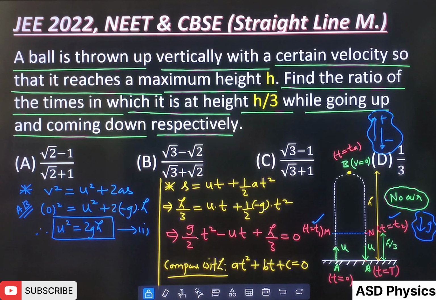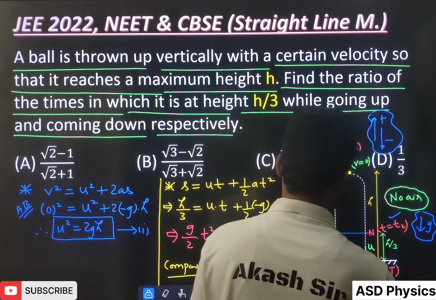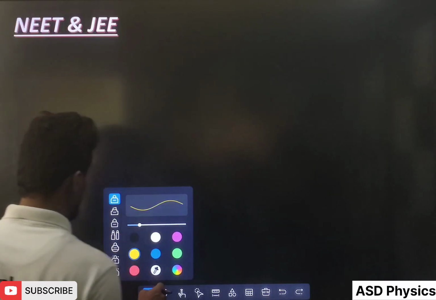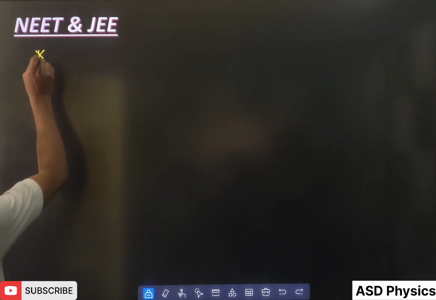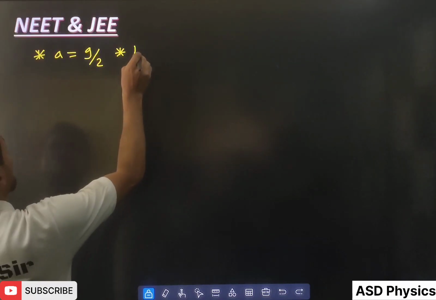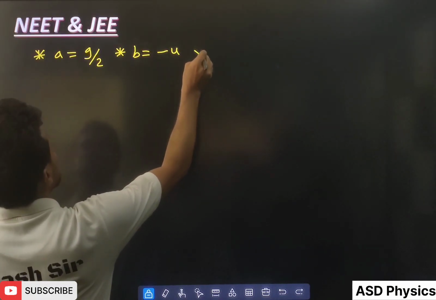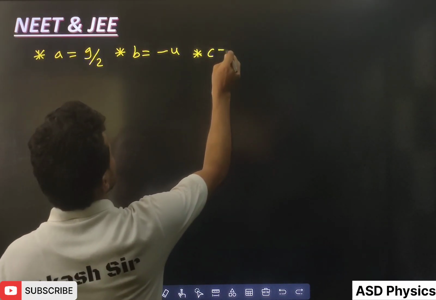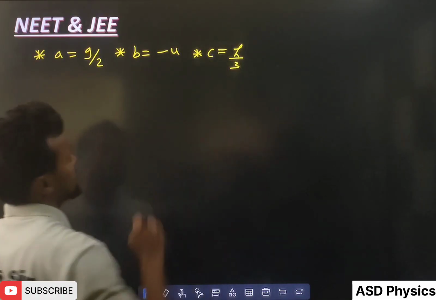Kindly see very well. So after comparison, the value of a is g by 2, value of b is minus u, and the value of c is h by 3, as I have told you.